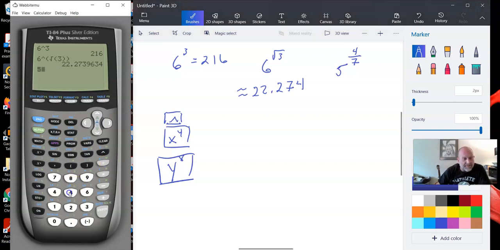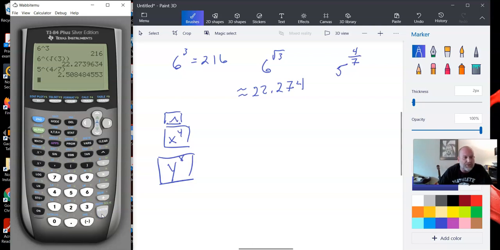Especially since it's a fraction, if I don't put the parentheses around this 4/7, I'll get 5 to the 4th. It'll find that number and then divide it by 7, because it's going to follow the order of operations otherwise. So we have to have the parentheses around the 4/7 so that the calculator knows it's a unit.